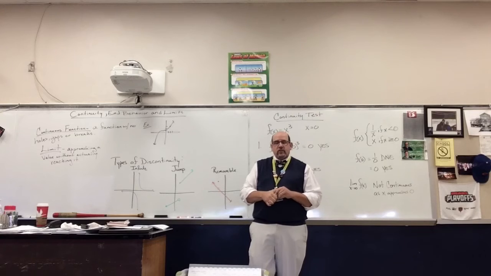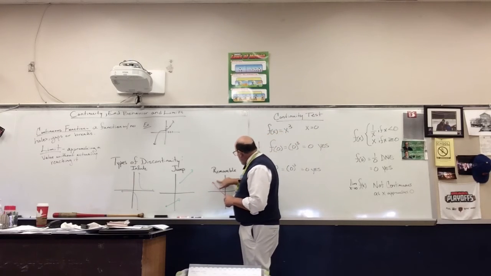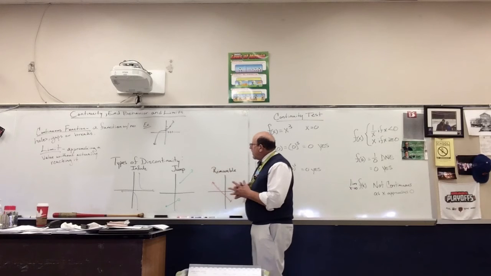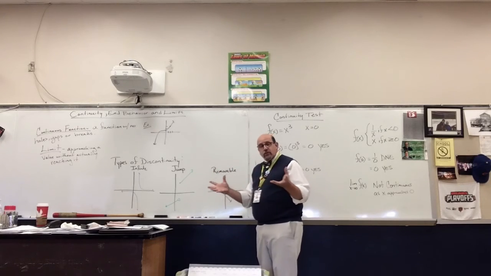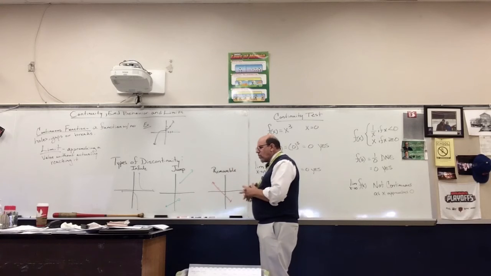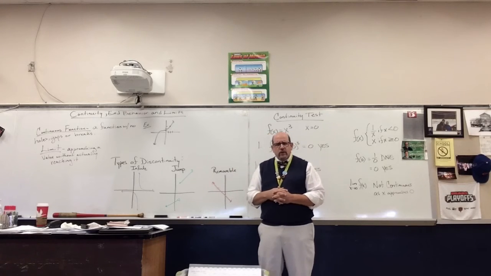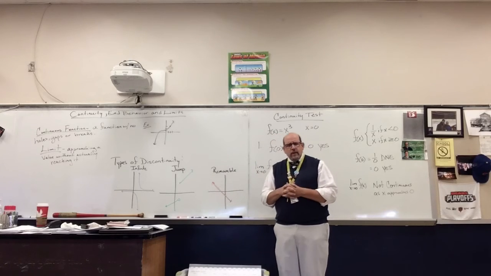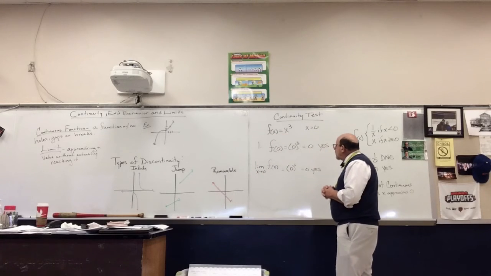That does exist, so that's a removable type of discontinuity. Right? And those are the 3 types, and we'll talk about it more in class, and you'll look at it on your study sheets, and we'll get maybe more in depth as time goes by.